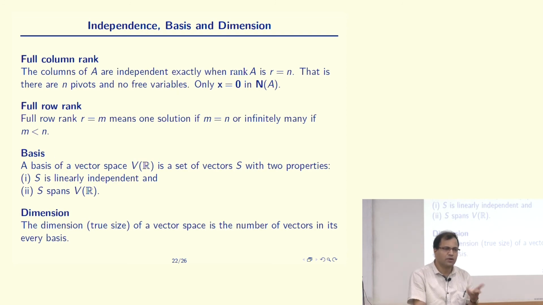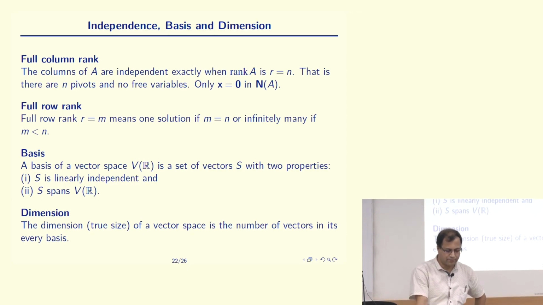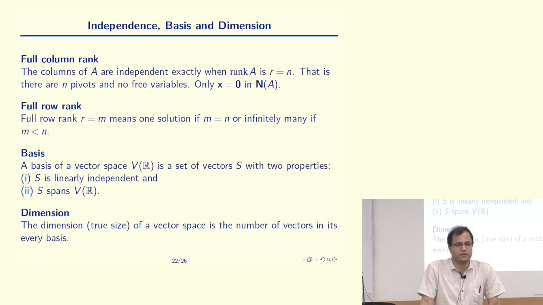There are two more terminologies: full column rank and full row rank. We say the matrix has full column rank when the number of independent column vectors equals the rank of the matrix.